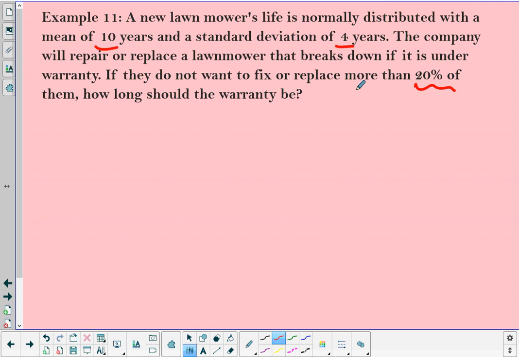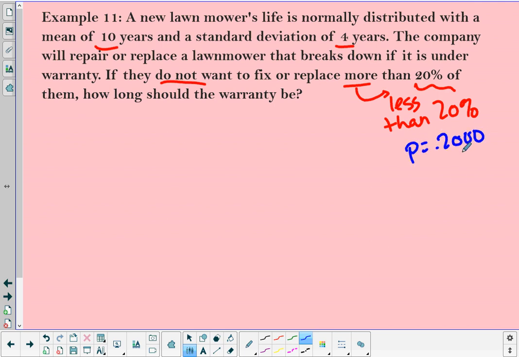They do not want to fix more than, which means they want less than 20%. So you don't have to flip your curve at all because you're already measuring underneath the 20%. So your probability here is 0.2000. The z-score associated with 0.2000 is negative 0.84.